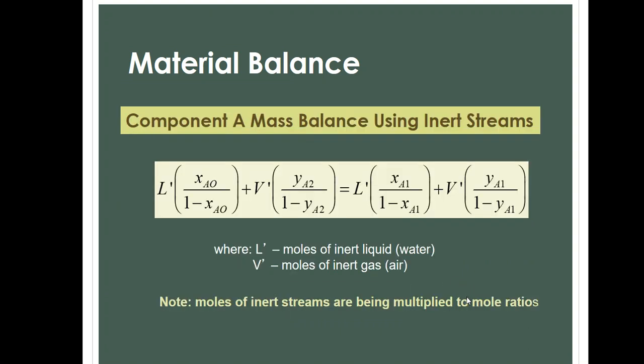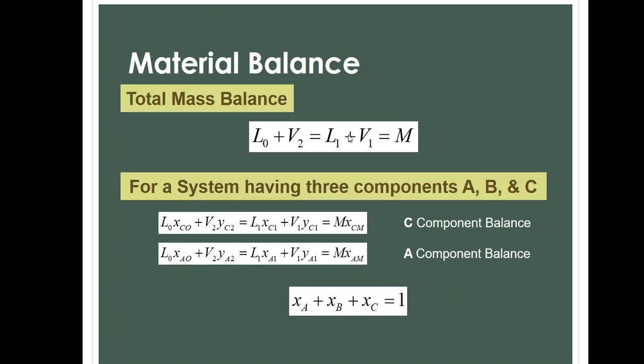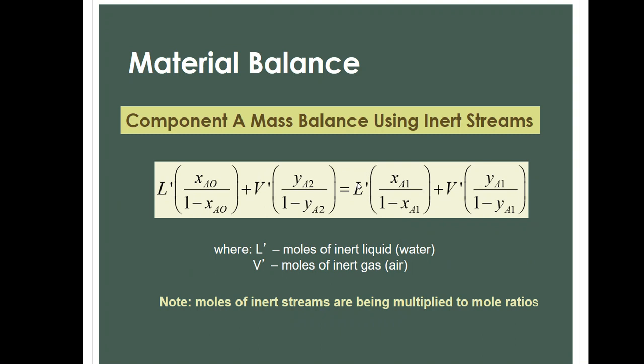Now, there's another alternative formula that we can use if a simple total mass balance equation and a component balance on a particular component will not solve the problem for us. And actually, most of the time, this particular equation works. This equation uses the inert parts of the streams.